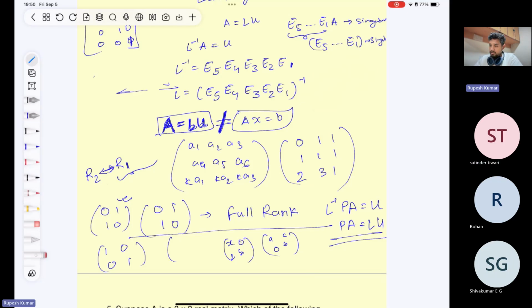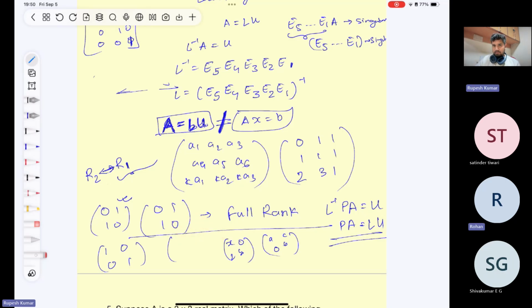That's why it is not possible. You can't get an LU decomposition out of this matrix directly. That's what I was trying initially: to figure out a product for this matrix, but unfortunately I was not able to get an example, because you will not get an example.